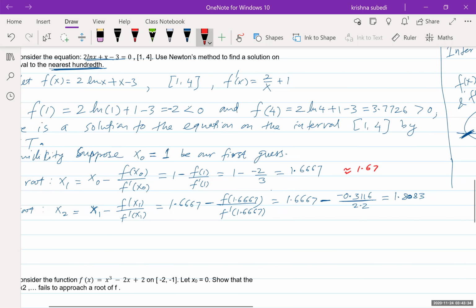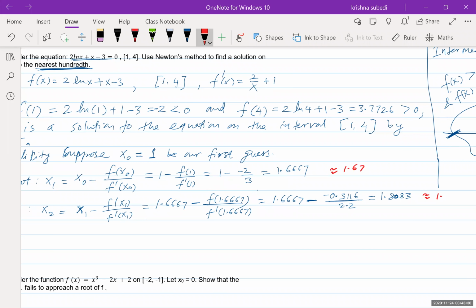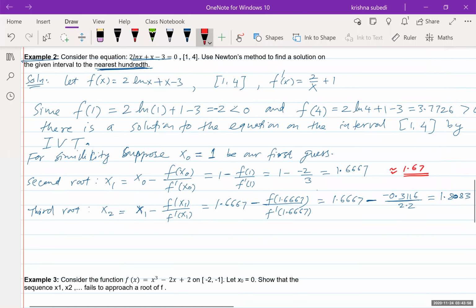Now here, nearest to 100th, this is the value, 1.81. So this 1.67 and 1.81, they are different. So we need to continue. We need to continue until, when we round to the 100th, we get the same number. That's what this nearest 100th means, okay?